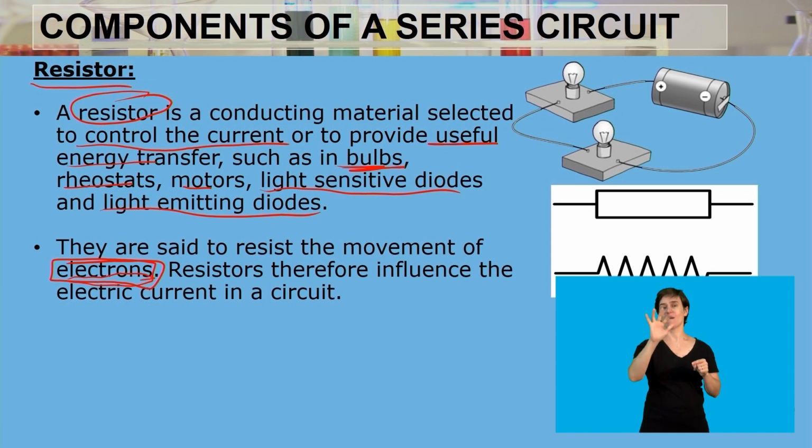So the resistors are going to influence the electric current in a circuit. That means the more resistors we add in a circuit, the more we are influencing the current strength. So the more we add, the more of the current will be controlled by those particular resistors that we are adding in a circuit.